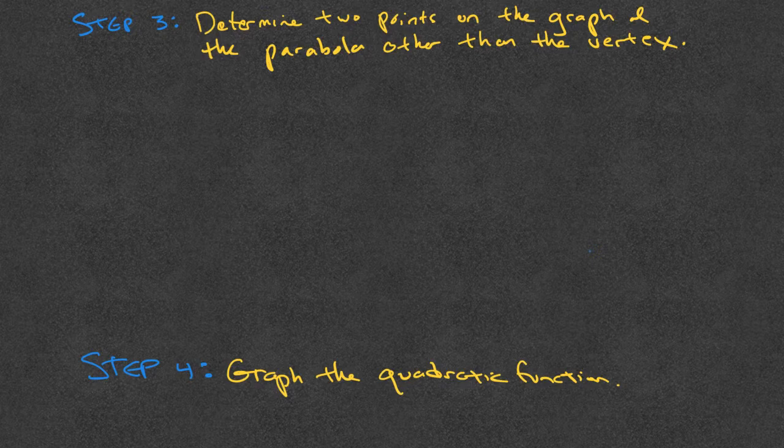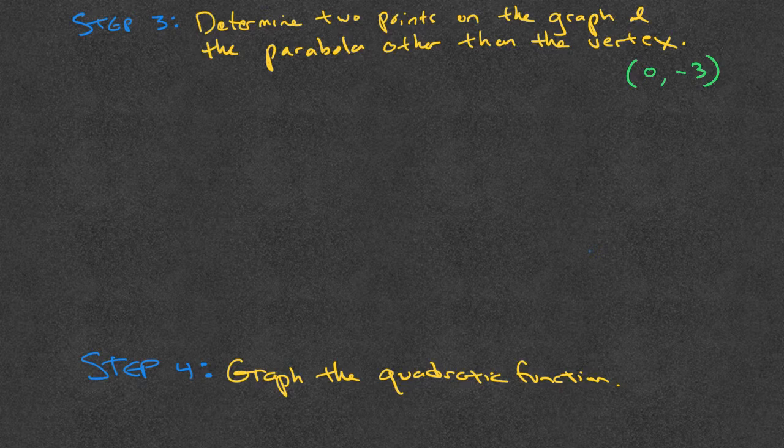Step 3, determine 2 points on the graph of the parabola other than the vertex. And as we do these, you'll want to hold on to what your vertex is. It was 0, negative 3. So we want to find 2 points on the graph besides the vertex. Our line of symmetry was x equals 0.